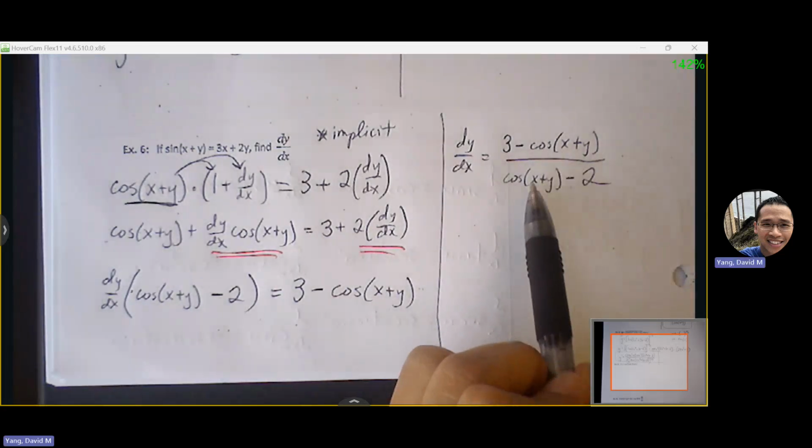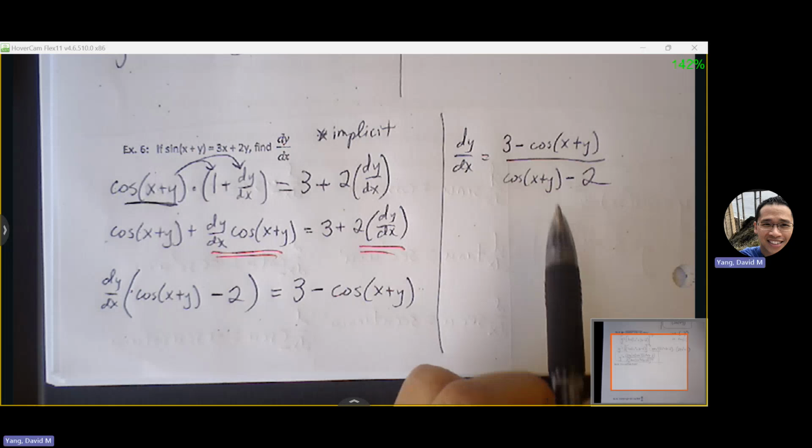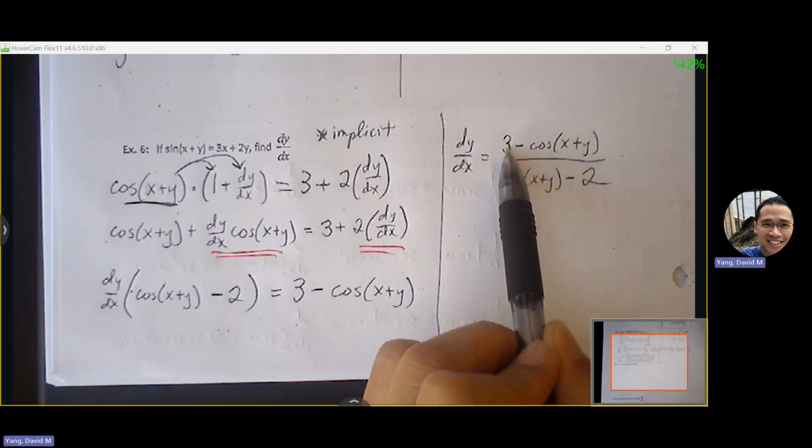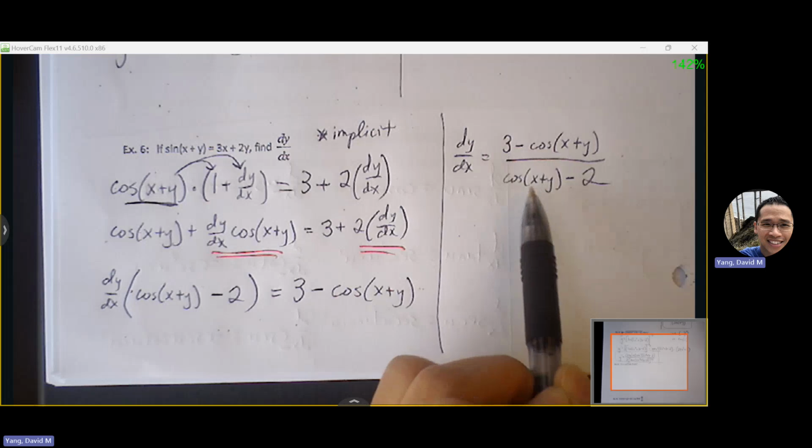Can I cancel the cosine x plus y's out and just make it 3 over -2? No. All right. So if these were all multiplied, if it was 3 times cosine of x plus y and 2 times cosine x plus y, you're free to do that.